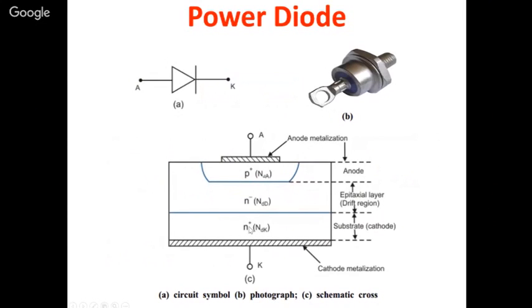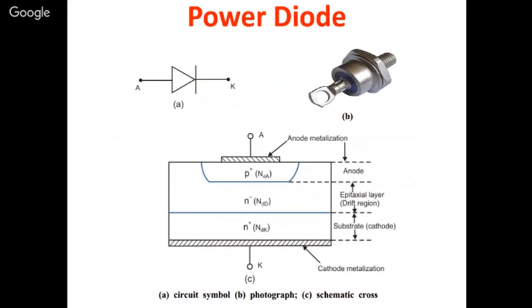Here I was just telling you P plus, N plus, and N plus and N minus. In case you make it N and N minus, that will also have a different voltage. There the voltage will drop faster, in the sense there the voltage will be less.